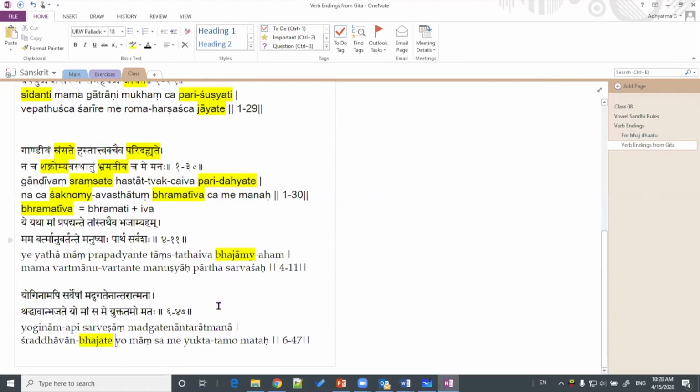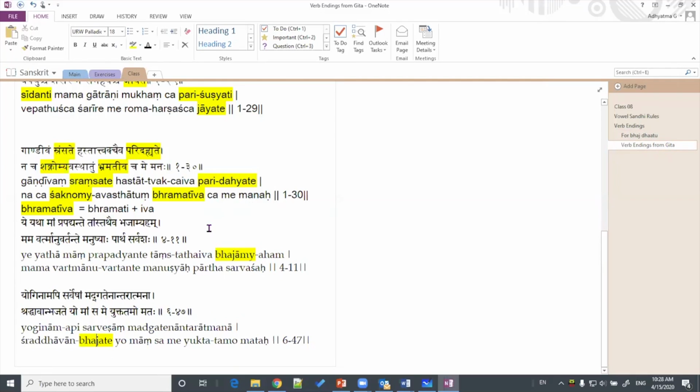And in Gita both are used, but the meaning doesn't change. Bhajami means I worship or I serve, and bhajate means he serves or he worships. So whether it's bhajati or bhajate, the meaning remains the same. So I just wanted to show you how you can start identifying verb forms in Gita.